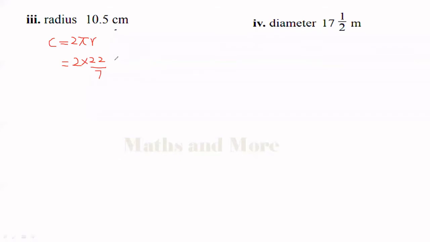Radius is 10.5, so put 10.5 for the radius. Substitute the values. π is 22/7. Radius is 10.5.